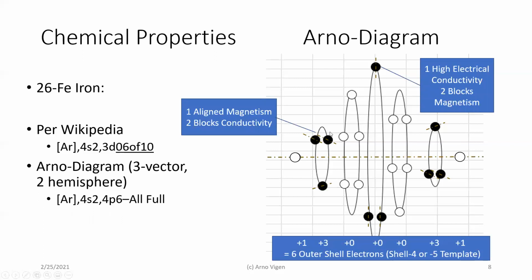So if you have ones in this shell, they align for magnetism, but as you can see, there's not a lot of other spacing, so they block conductivity. However, if you have electrons in this equatorial, they are spaced outside of other electrons, so it's easy for them to move in and out, and thereby they have high electrical conductivity.